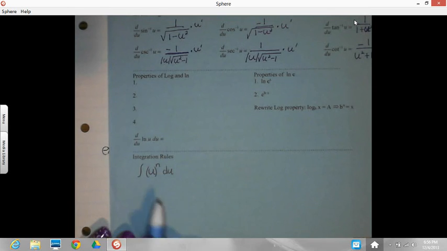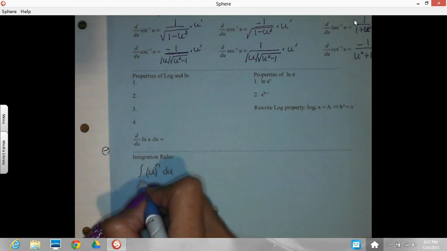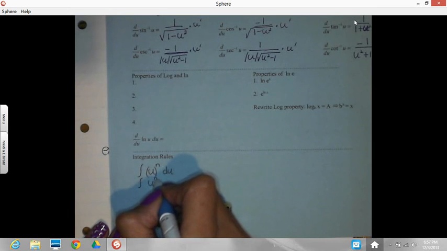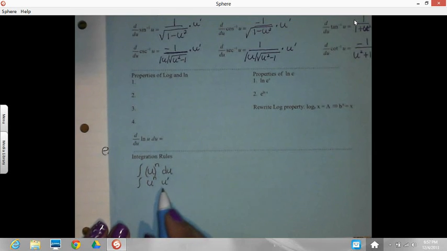Did I need the parentheses here? No, I didn't. But I just wanted to show you that the u could be inside parentheses. Doesn't have to be, but it could be. And what du actually is, it's the derivative of this inside. So another way to write this would be u to the power times u prime. I'm always using u prime instead of the du stuff, but these are the exact same thing.